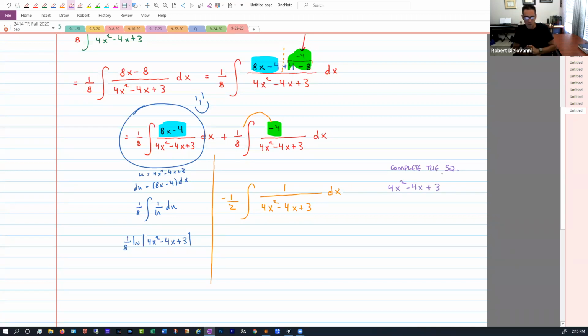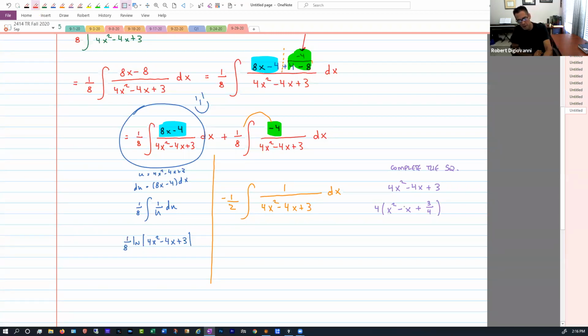All right, the coefficient has to be a 1, right? So 4 out first. Do not forget, when you pull a 4 off the 3, it becomes a 3/4. 4 comes out of the 4x squared, 4 comes out of the 4x, but the 4 out of the 3 turns it into a fraction.